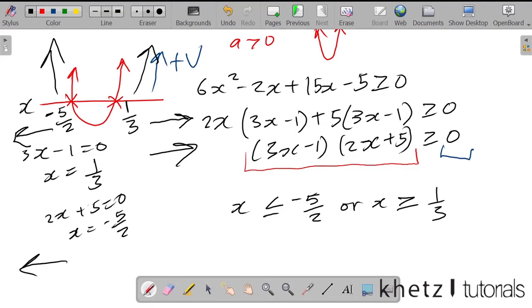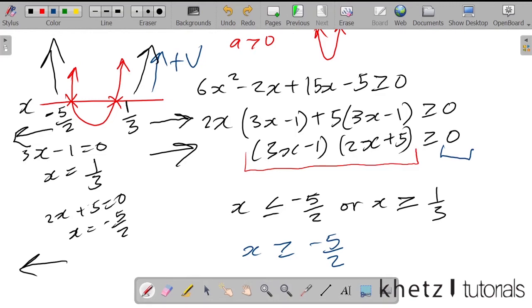Now if you were to simply take this sign and apply it to both of your values, that would be wrong, because if we study our diagram, you basically can't say that x is greater than or equal to 5 over 2. We can't just take this sign as it is.